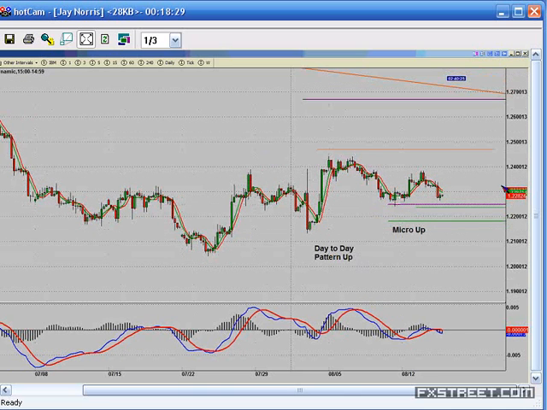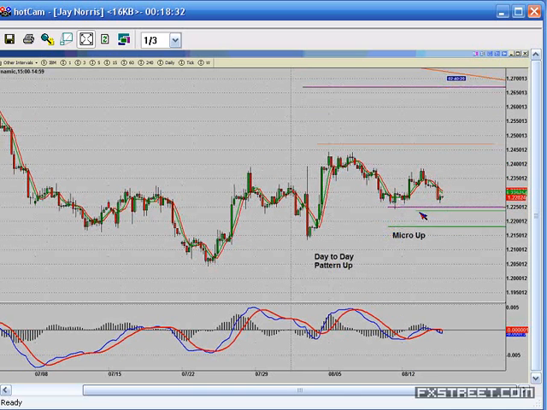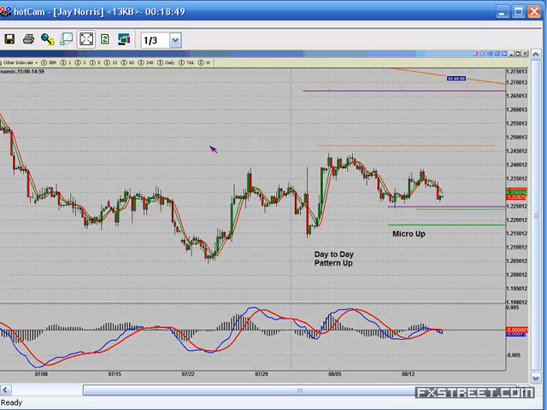Day-to-day pattern up, micro pattern still up. Here's your micro. If you close below that purple line, which is your day-to-day pattern, and that green line below the purple line happens to be that micro pattern also. So you can see you have pretty good support there at 22.5 in the euro. It would probably take some pretty big news to reverse this day-to-day pattern.